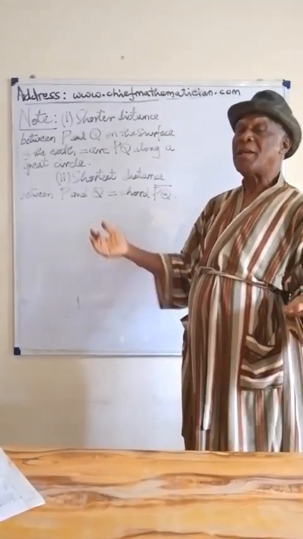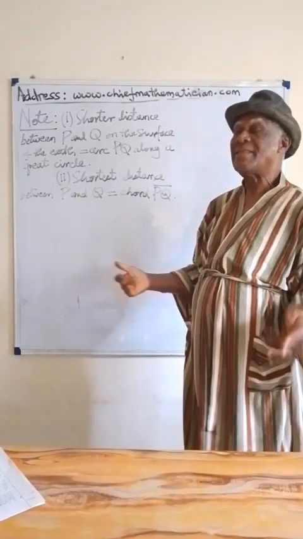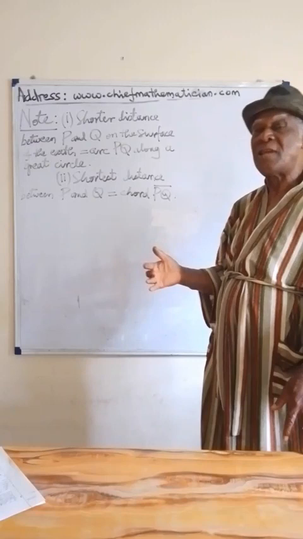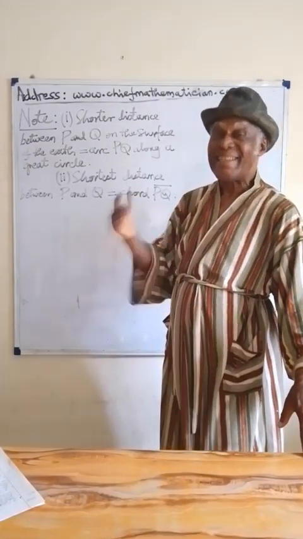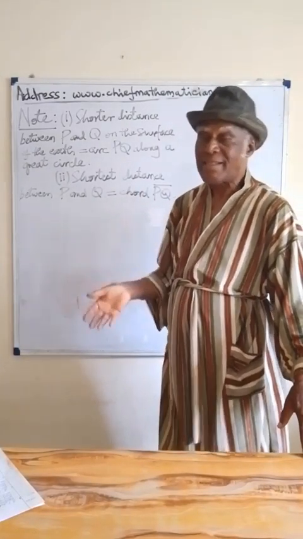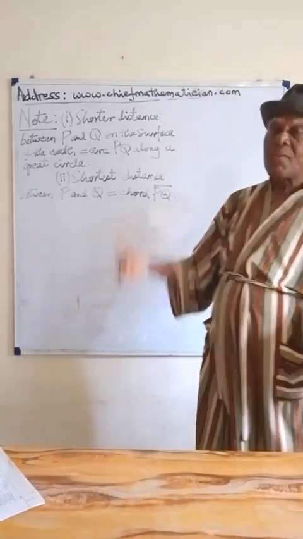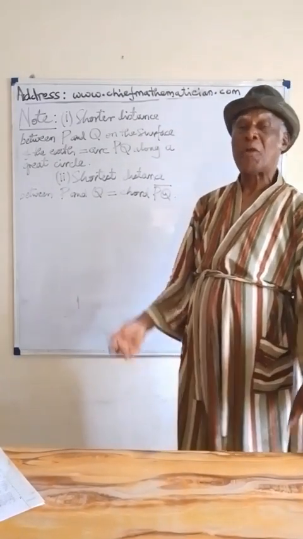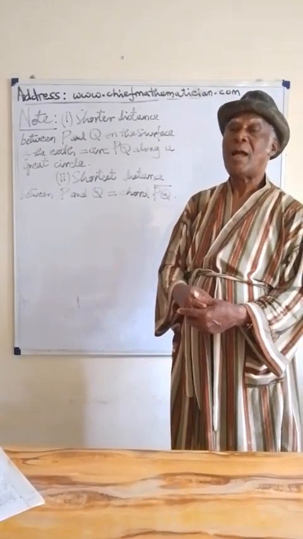Are you looking for the shorter distance or the shortest distance? Take note again that for P and Q, there are 3 distances to be considered. We have the shortest, we have the shorter, and so on and so forth. So I believe any one of you can attempt any problem on longitude and latitude.